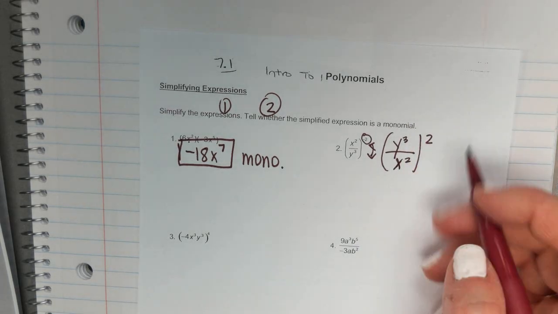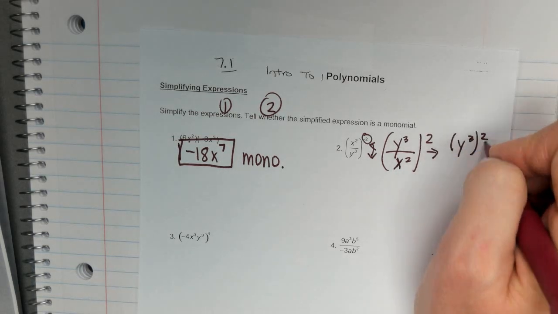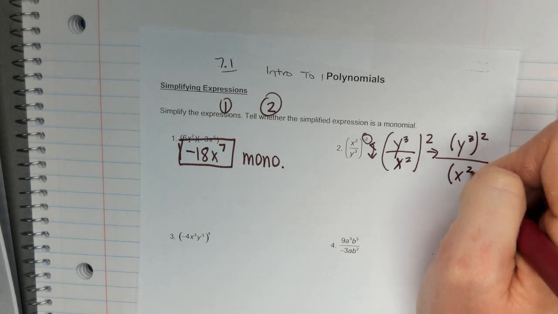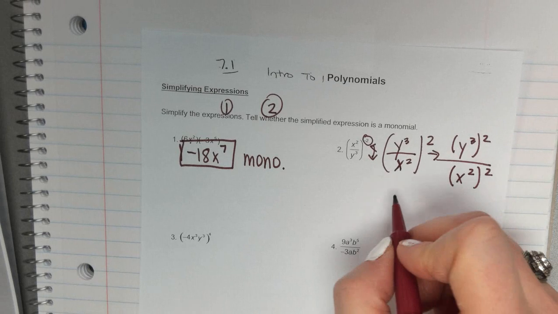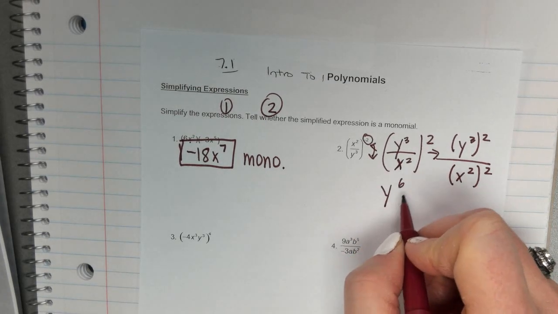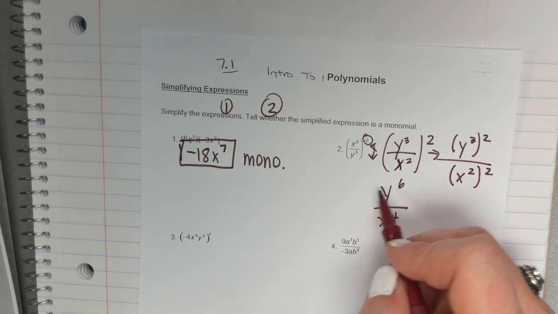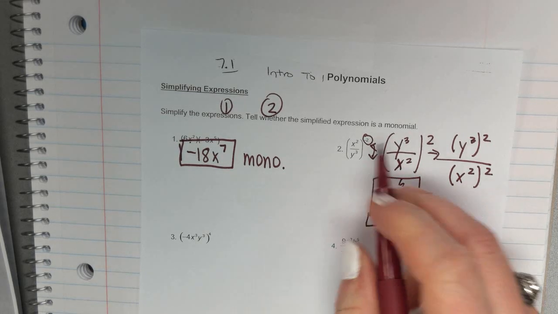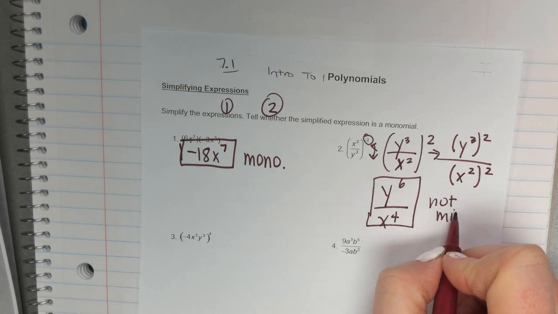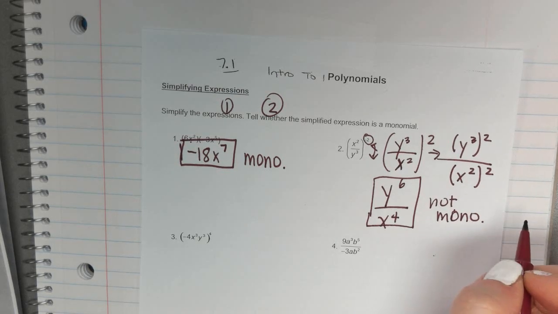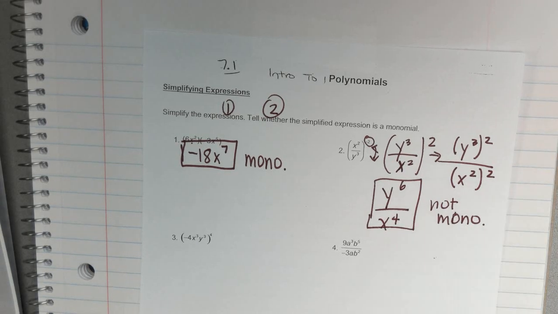So now you can solve it because it just ends up being y to the 3rd to the 2nd power over x to the 2nd power. And we end up with y to the 6th, because it's power to power, we multiply, over x to the 4th. Alright. Is this a monomial? No, it's not a monomial. It's not a monomial because it has division.